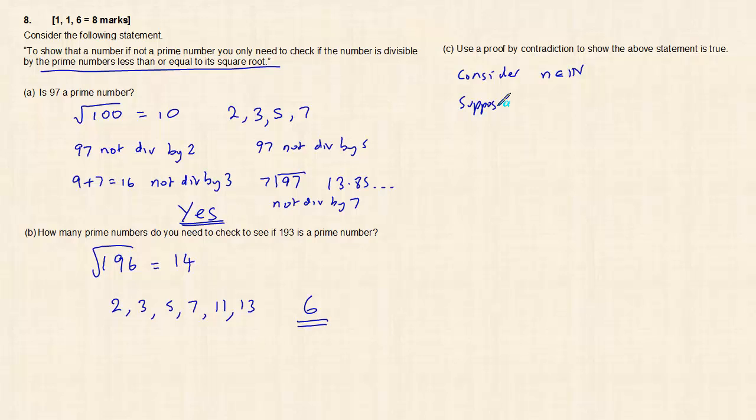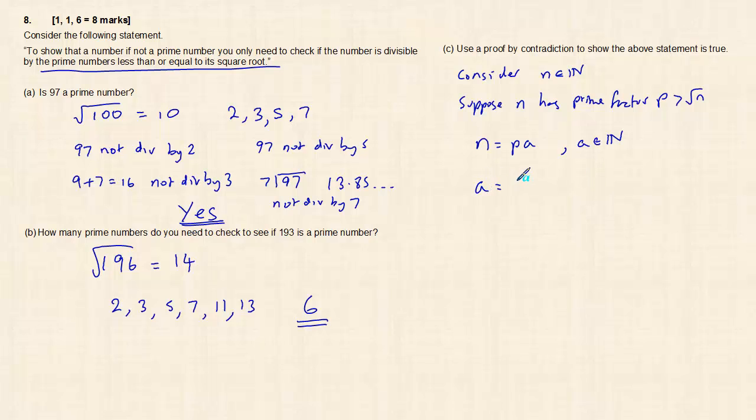Suppose n has a prime factor p which is greater than root n. Then we can say that n is equal to pa, where a also belongs to the natural numbers.